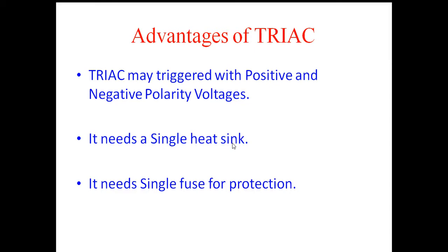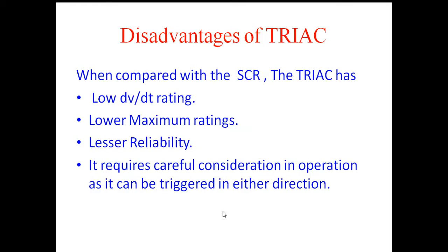To get the equivalent function of a triac, we need to connect two thyristors. For each thyristor, we need to use a fuse circuit and one heat sink circuit whenever we are operating in practical circuits. So in a triac, we need not require two things. We require only one heat sink and only one fuse for protection.